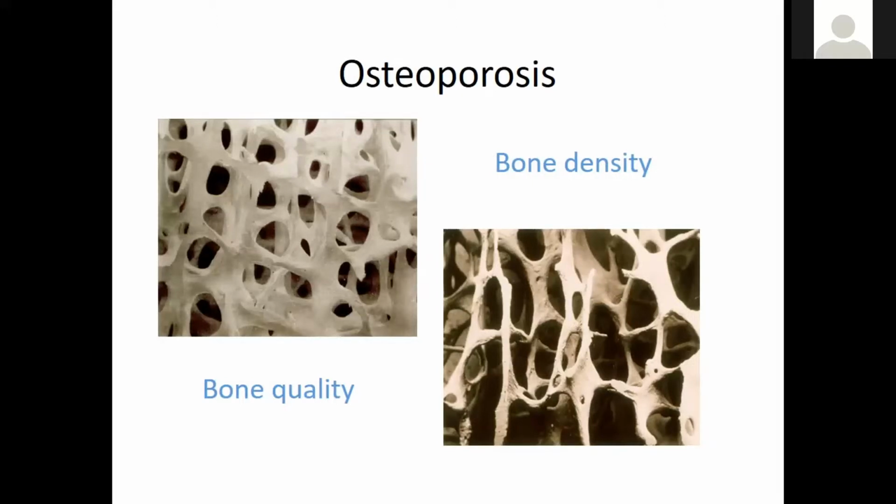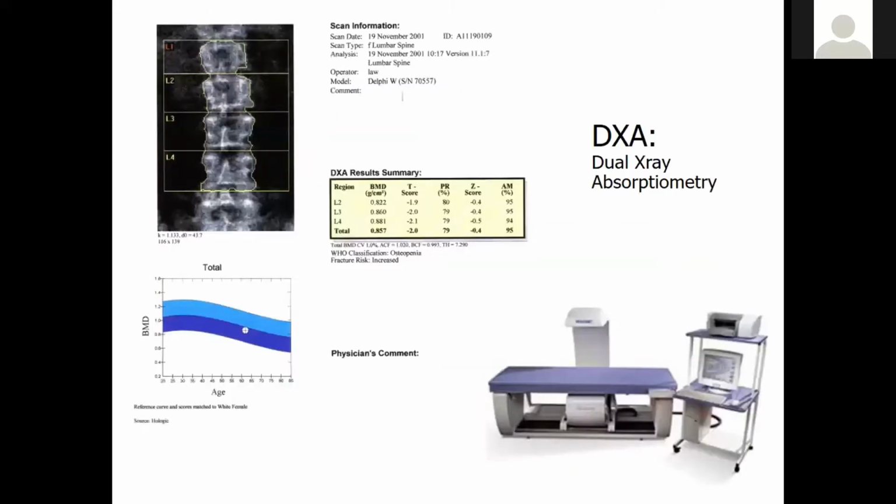We talk a lot about bone density, and of course bone density is reduced in osteoporosis, but we're also interested in bone quality, because both those things impact bone strength, and bone strength is what ultimately determines fracture risk.